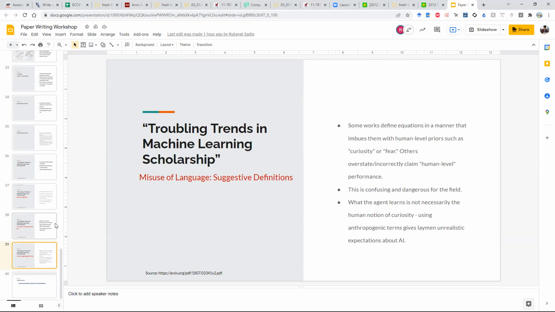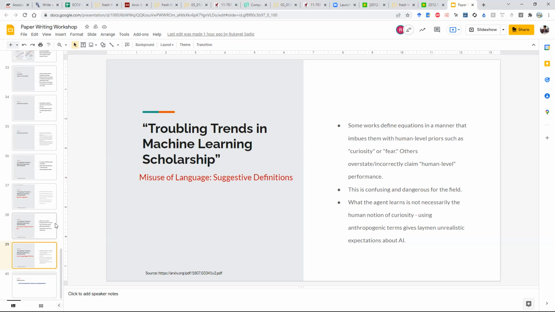subtly suggests that it has all these other human level positive properties, which is very dangerous and frankly not true. Because you would observe that the curious agent spends like 10,000 iterations just jumping off of cliffs because it hasn't died before and so on. And that's not a human notion of curiosity that we expect humans to have. What the agent learns is not necessarily the human notion of curiosity.